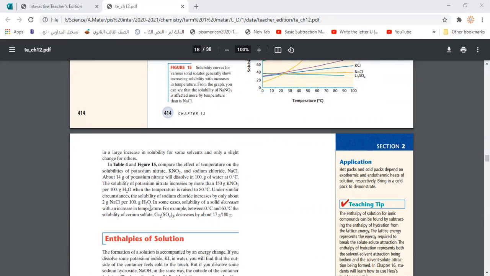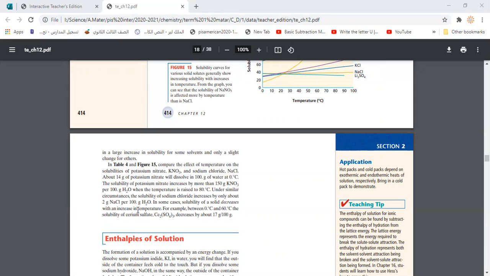But on the other hand, if we look at sodium chloride in the same circumstances, the solubility increases by just 2 grams only, per 100 grams of H2O. That means once we raise the temperature from 0 to 80, only 2 grams more of sodium chloride dissolve.